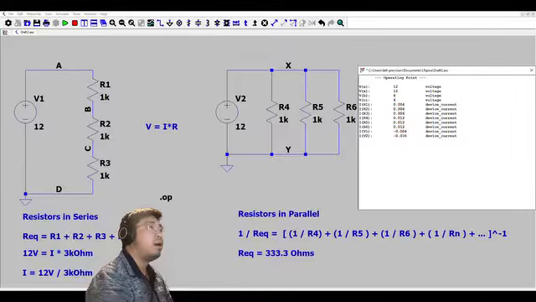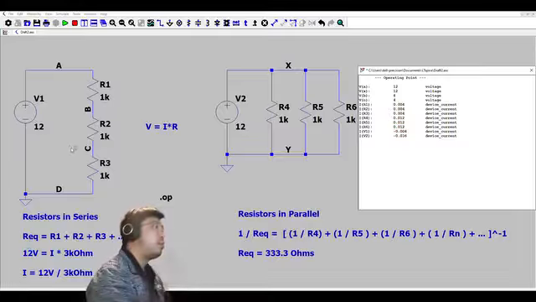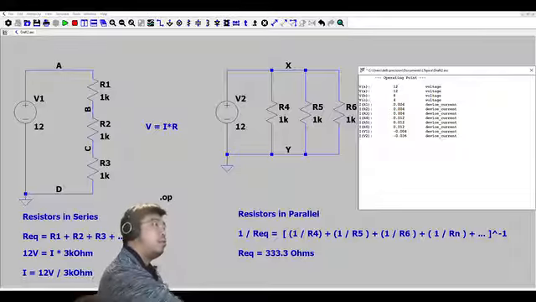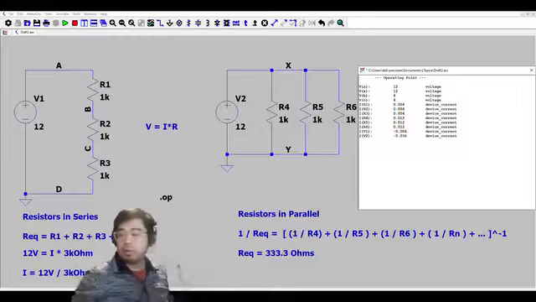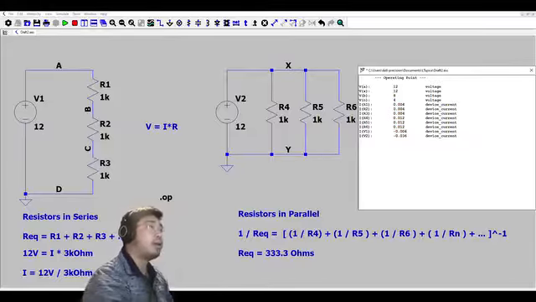The current running through this would be 12 divided by 333 ohms. So let's take out the calculator. V equals IR, right? So 12 divided by 333 ohms is going to be 36 milliamps. And is that what we get in here? Yes, it's 36 milliamps in the dot operating point.